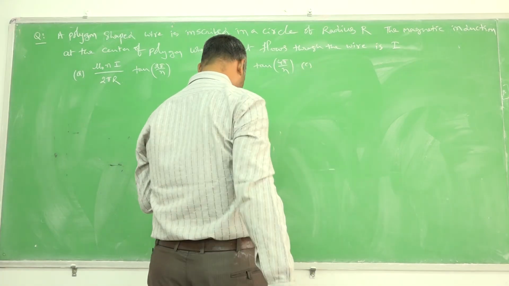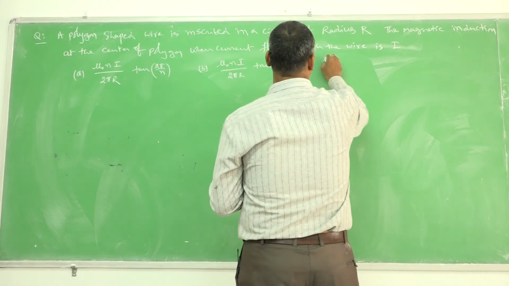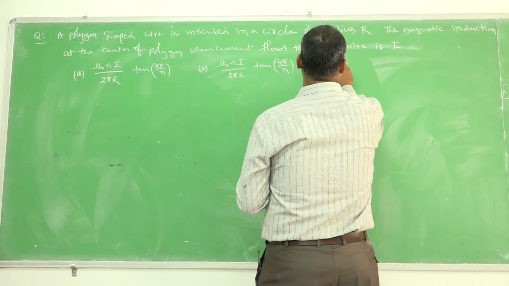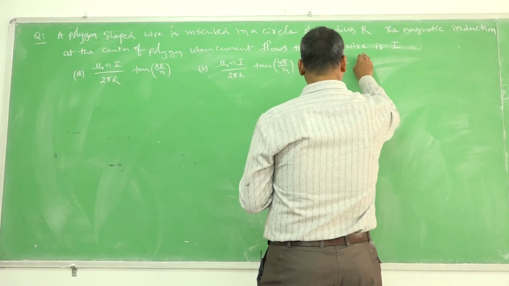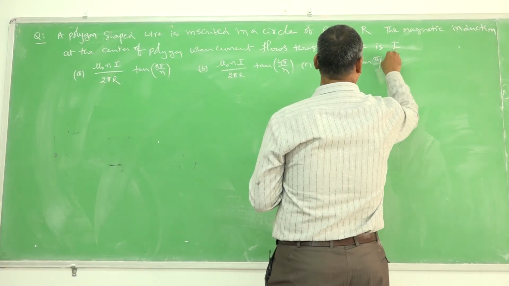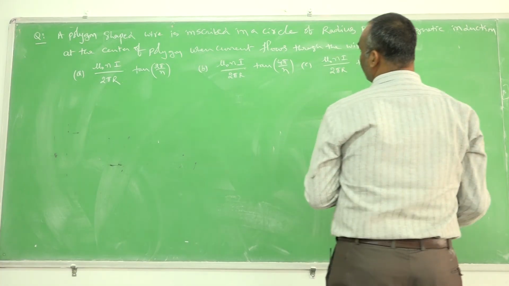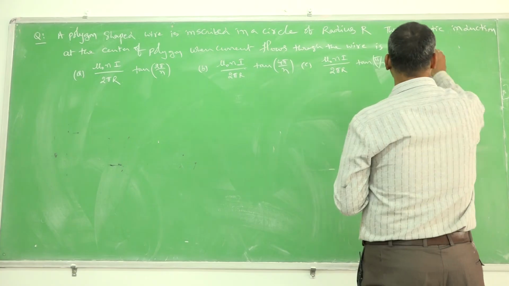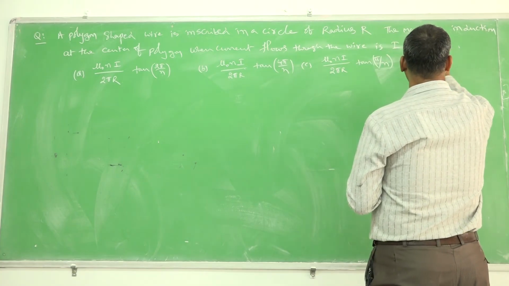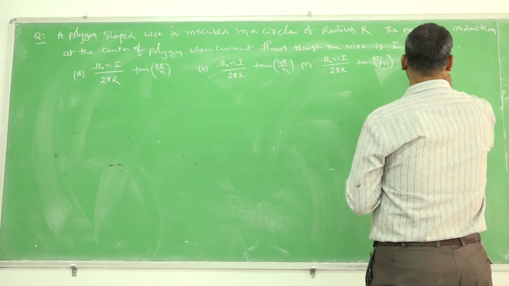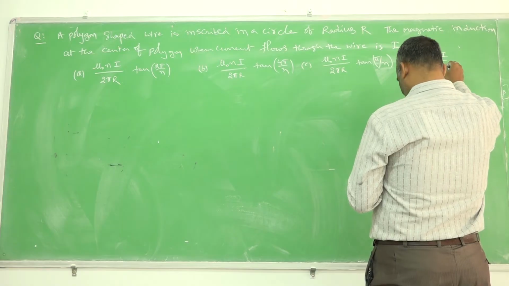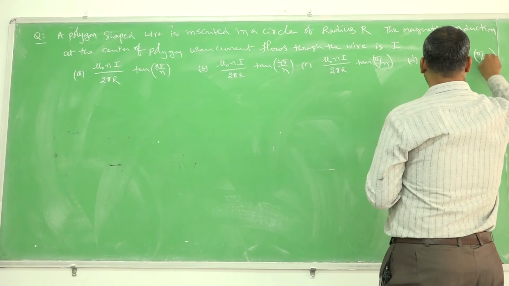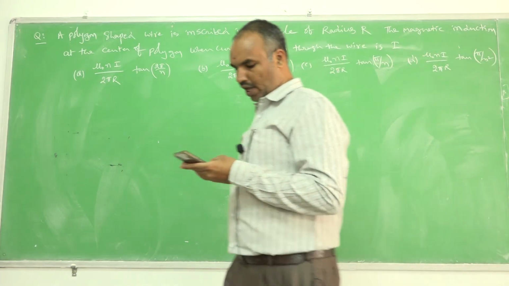Third option, mu naught Ni by 2 pi r tan pi by n. Fourth option, mu naught Ni by 2 pi r tan pi by n square. These are the options given to us.